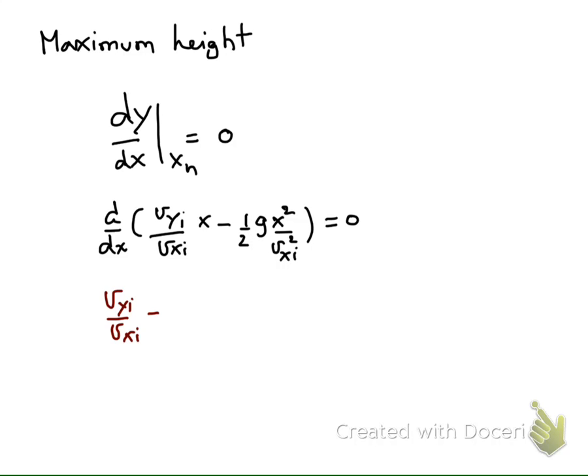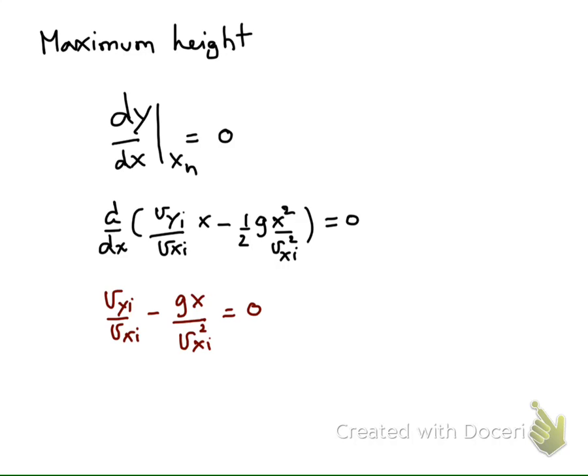So we have g x over vxi square, and this is equal to 0.